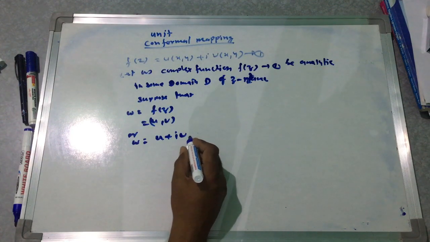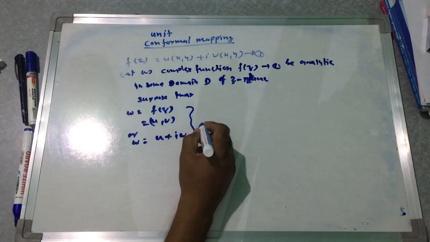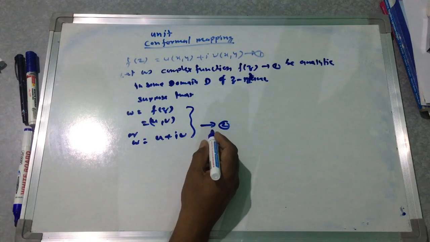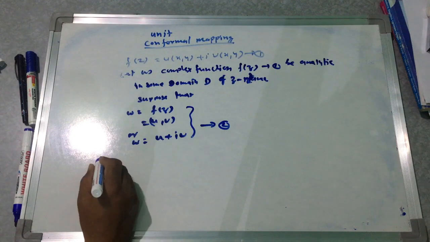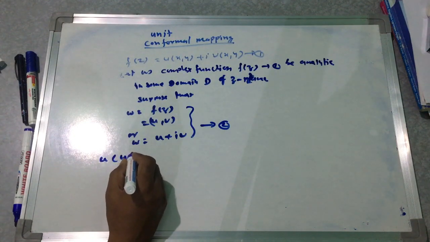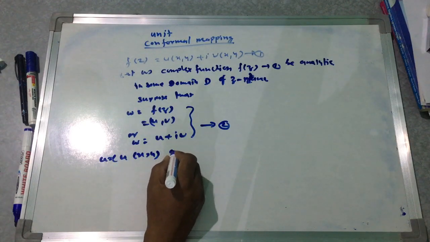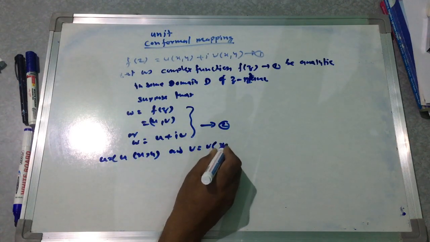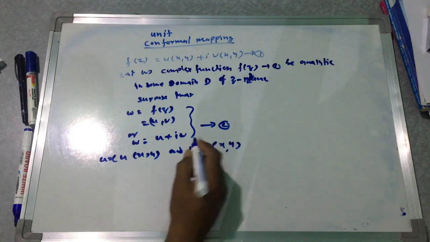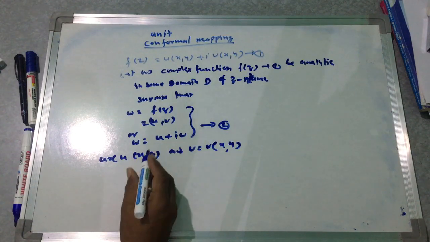Now this is number 2. These are the equivalent equations: u is equal to u of x y, and v is equal to v of x y.